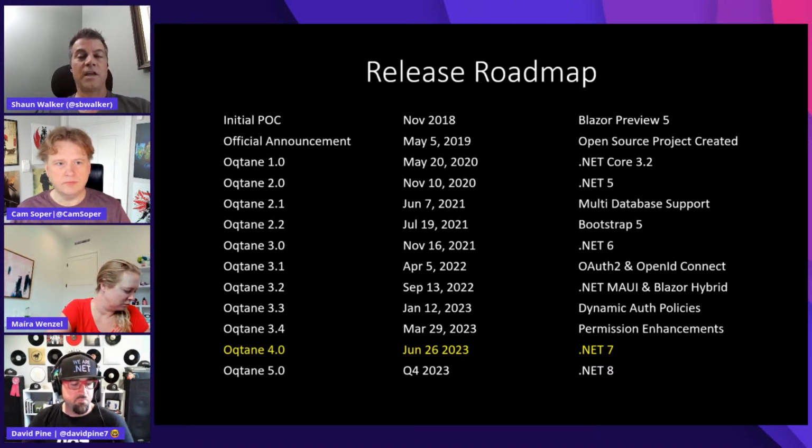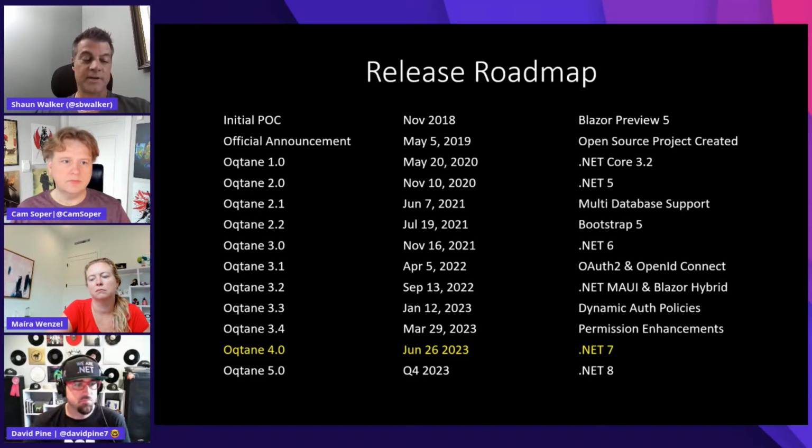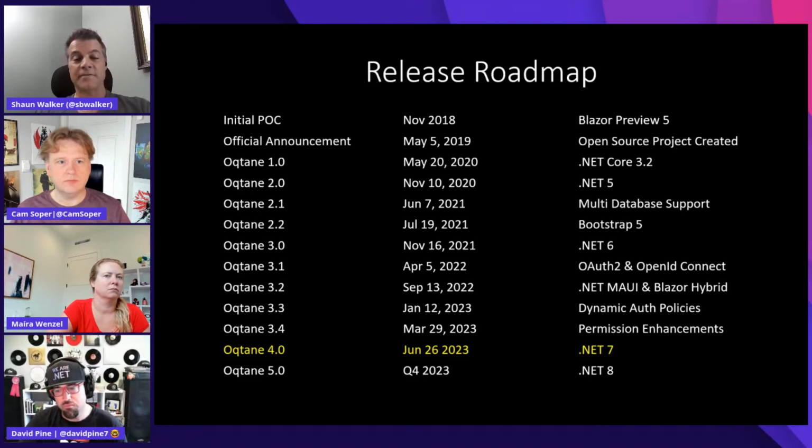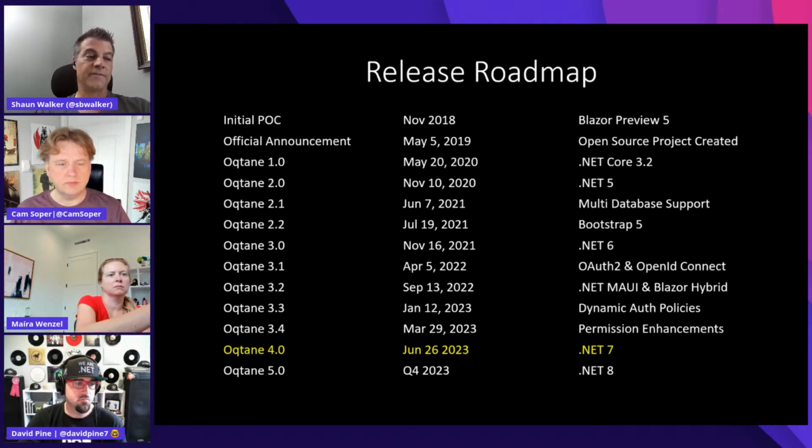So when you install a new module that's part of Oqtane, yes, you have to restart the application. And that's a limitation, I would say, of .NET. And I've talked to the .NET team about this before, and it seems like there's no desire to figure out a way to solve that problem. And so, yeah, I would love it if it was fully dynamic. There are ways that you can do things that are fully dynamic. Just don't use dependency injection.